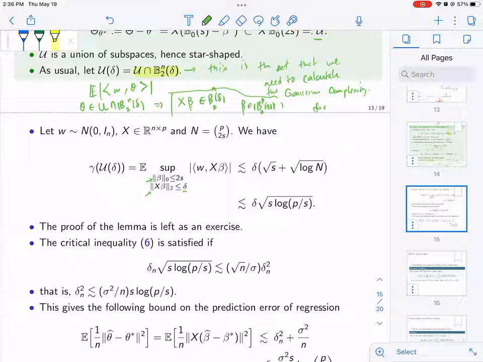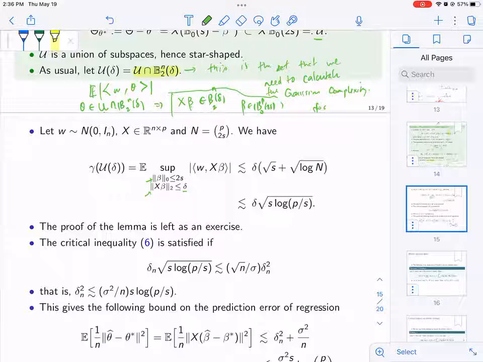So this is like a supremum of a bunch of sub-Gaussian variables, and you can use the tools that you learned to calculate this. And it turns out that this is going to be delta. So you can imagine it should depend on delta because the size of this depends on delta. So if this gets smaller, this should vary linearly with delta. But the interesting thing is that you get root s plus root log N, where N is p choose 2s.